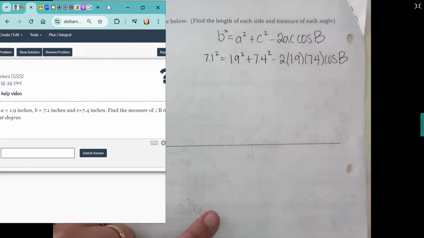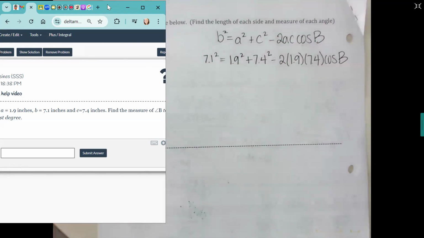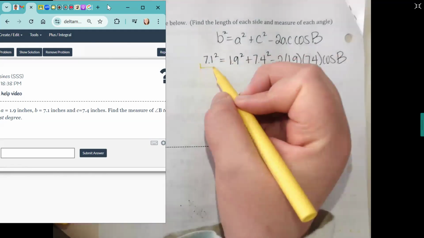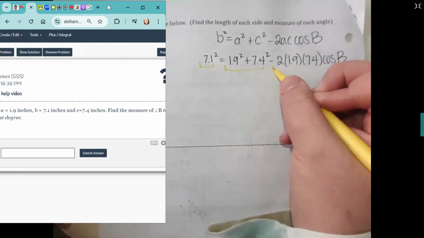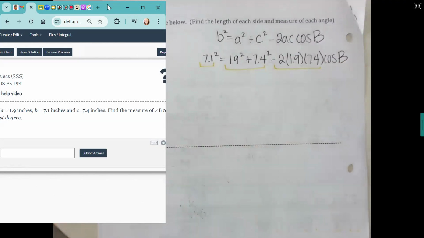Cosine B. Okay, then remember, it's as easy as 1, 2, and 3. Remember, you're going to type them into your calculator in groups, not all at the same time. Because we're having to find the B that's in the chaos over here.